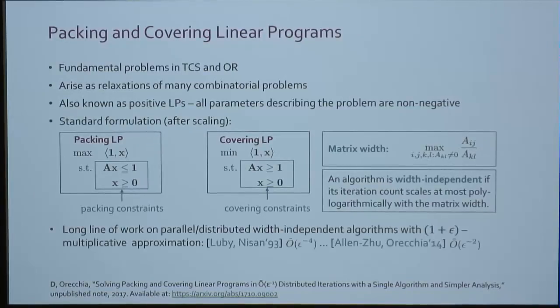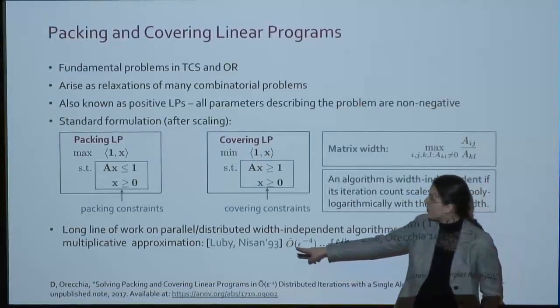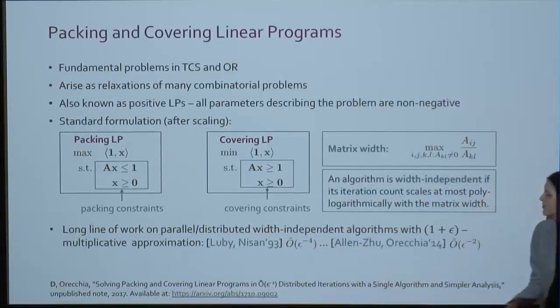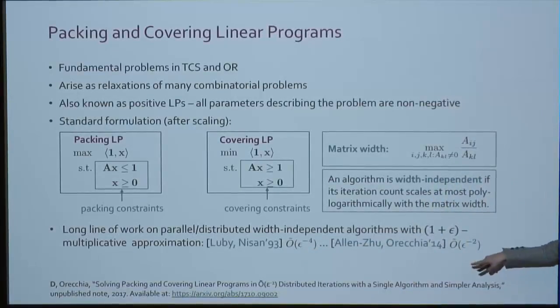Now, interestingly, in the TCS community, there has been a long line of work on parallel and distributed algorithms that are width independent. It started with the work of Luby and Nisan, who had polylog times epsilon to the -4th. State of the art is Zeyuan's algorithm with Lorenzo that gives epsilon to the -2. We have another interpretation or another proof for these algorithms in a note that's online.